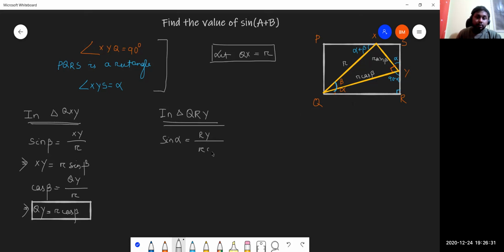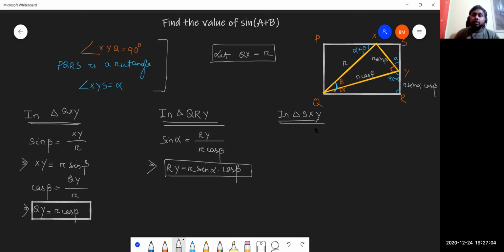So by cross multiplication, I can get ry as r sine alpha times cos beta.